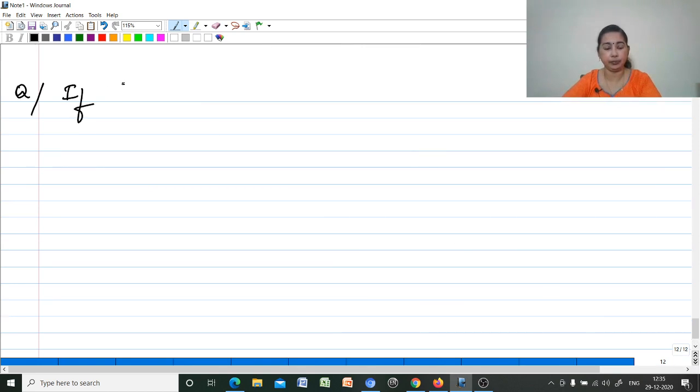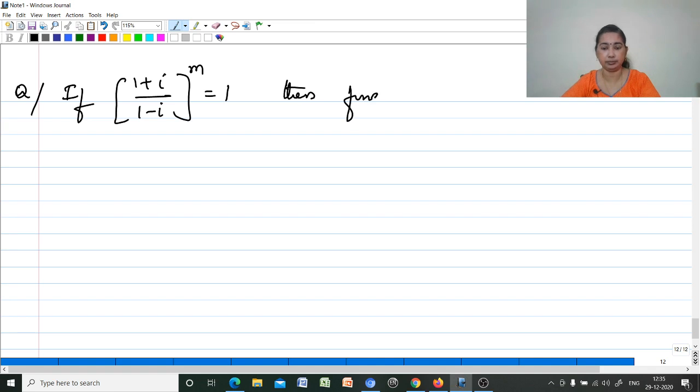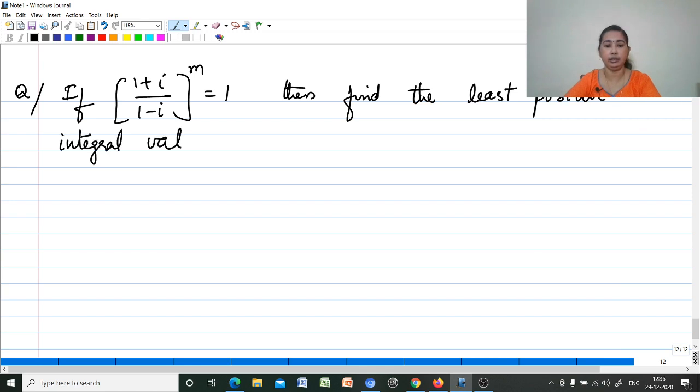If (1 plus i)/(1 minus i) whole raised to m is equal to 1, then find the least positive integral value of m.